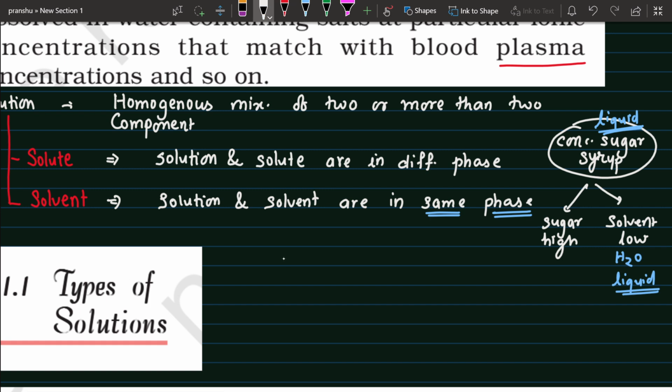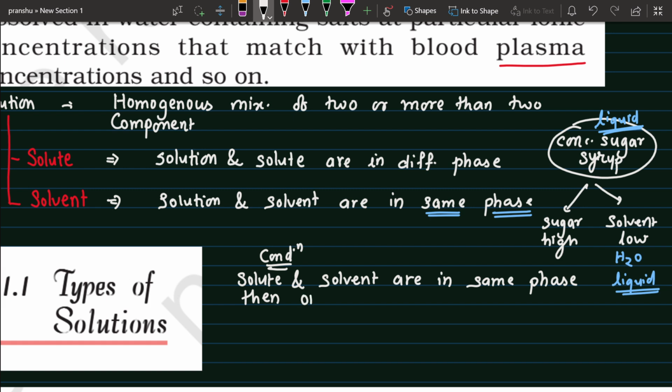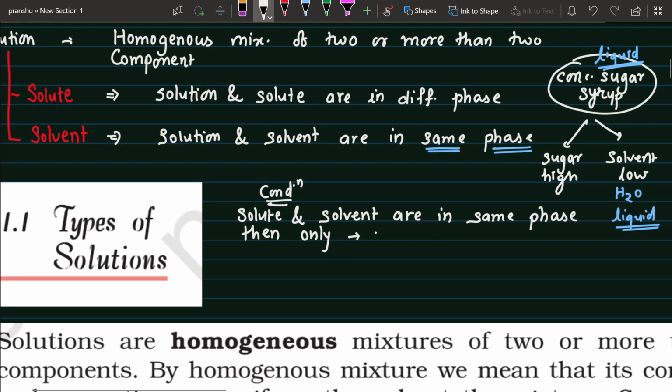Another definition is the condition where both solute and solvent are in the same phase. If both are in the same phase, only then do we decide by the amount of substance.